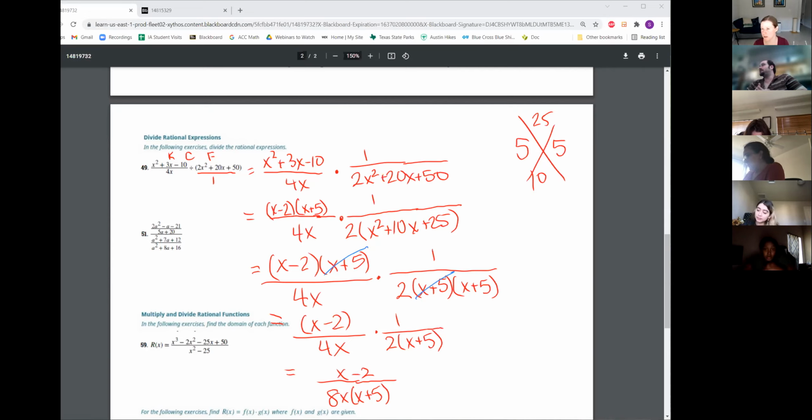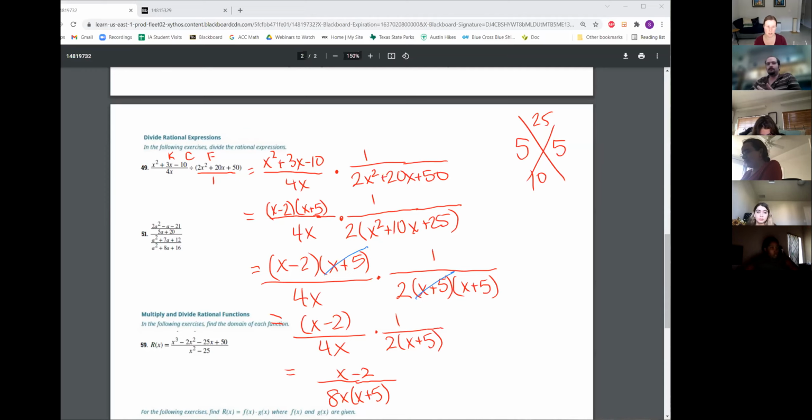Is that what other students got for this one? The answer that we got was x minus 2 on top and 8x times x plus 5 on the denominator. But what I found was x minus 2 over 4x times 2x plus 10, because I didn't pull out my GCF as 2.